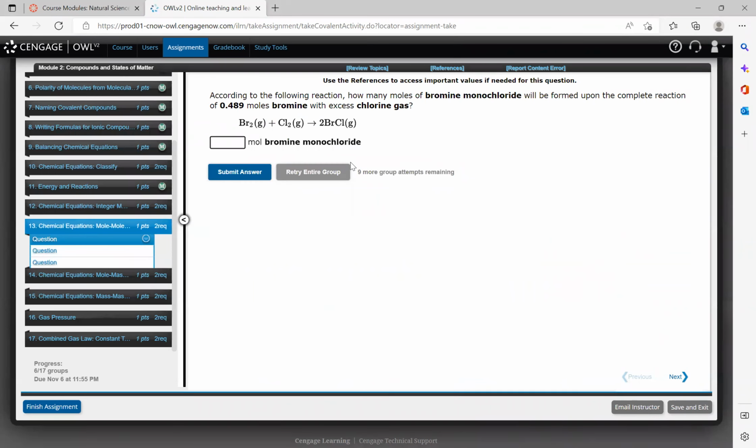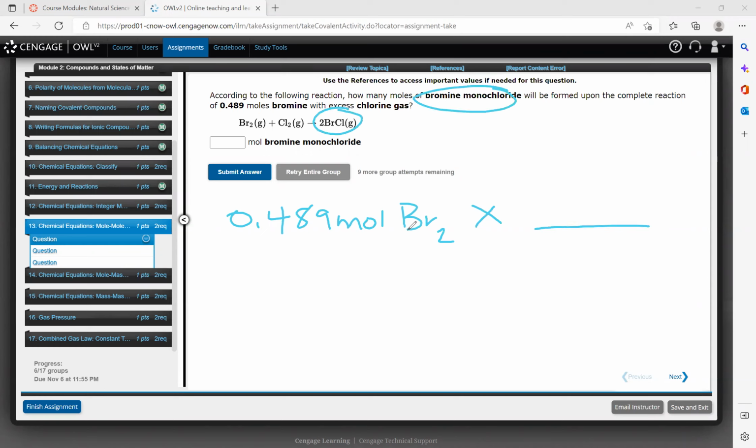All right, same thing down here where when we try to think about going from moles to moles, we're going from moles of A to moles of B. We start with what we're given first, this 0.489 moles of bromine, which is Br2. And it wants us to figure out moles of bromine monochloride, this guy here. So again, we look at the balanced equation. 1 mole of Br2 over 2 moles BrCl.